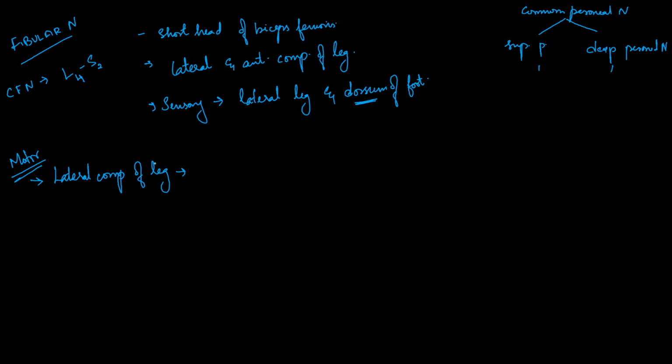The muscles of the lateral compartment of the leg are fibularis longus and brevis, also called peroneus longus and brevis. These are the muscles of the lateral compartment of the leg, which is supplied by the superficial peroneal nerve. And these are the everters of the foot.